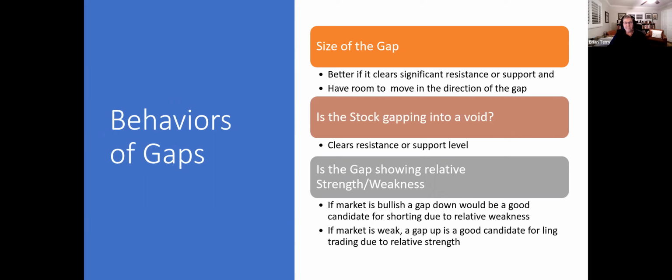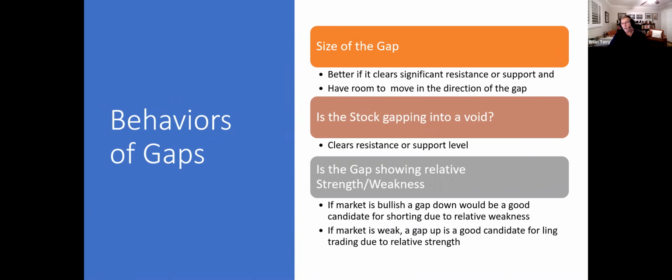And then the sixth item on the behavior of gaps is the gap into strength or weakness. What I mean by that is if the market is bullish, a gap down would be relative weakness.